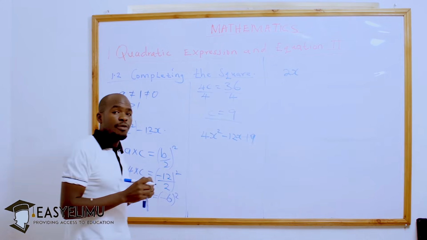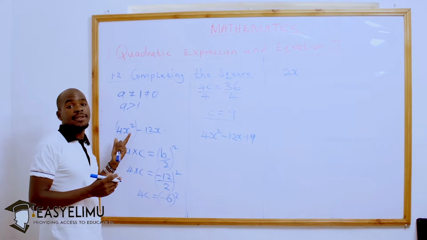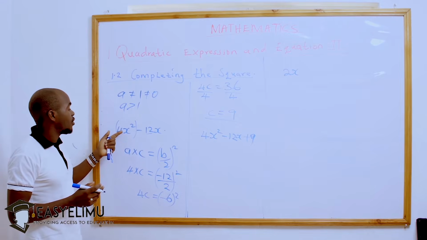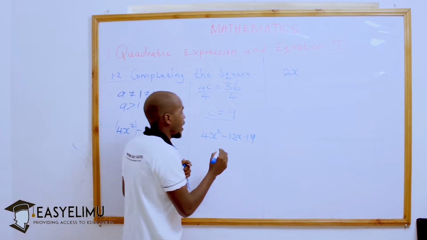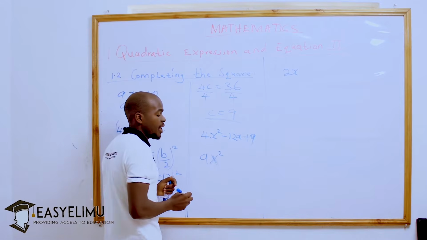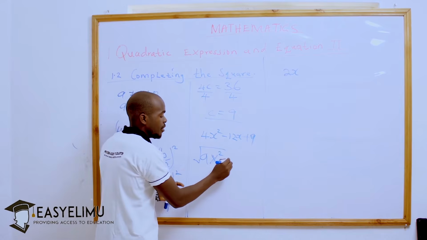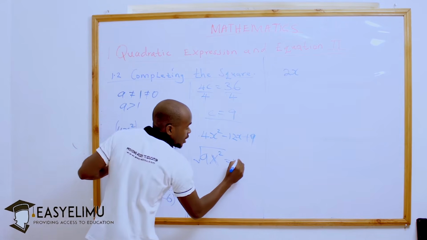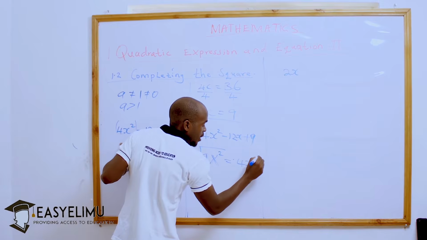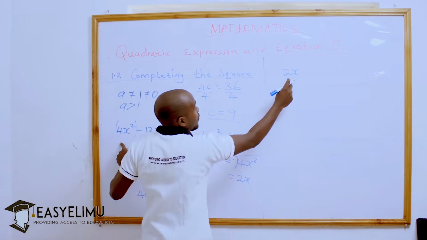But we know if we factorize a certain expression, for ax squared, if you want to factorize, you find the square root of this one. For instance, here we are going to find the square root of 4x squared, and you are going to get 2x, and that is what I have right here.